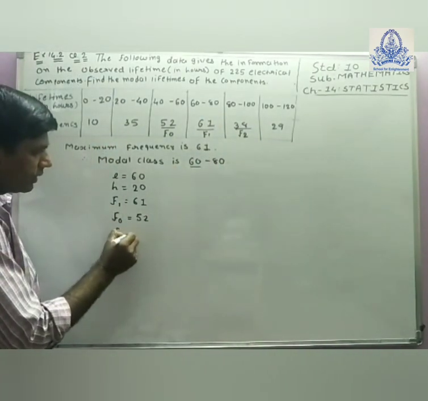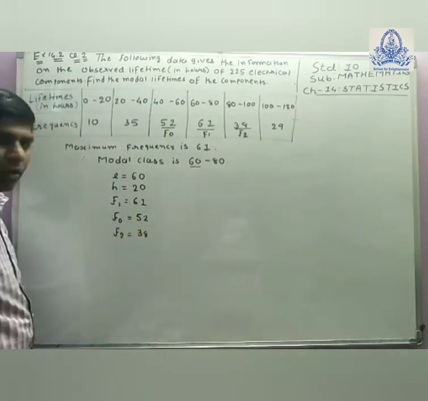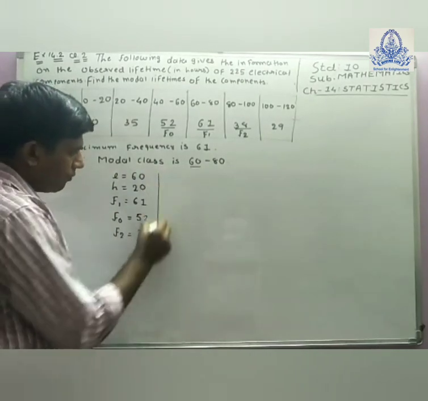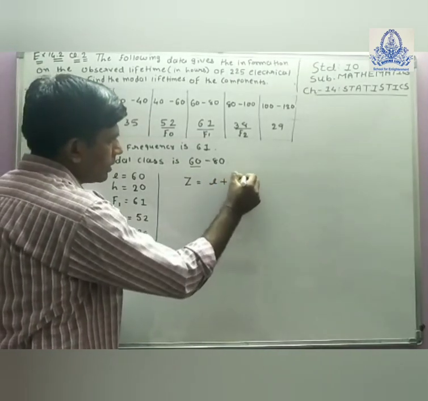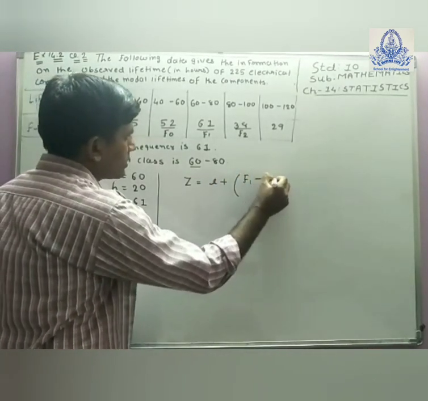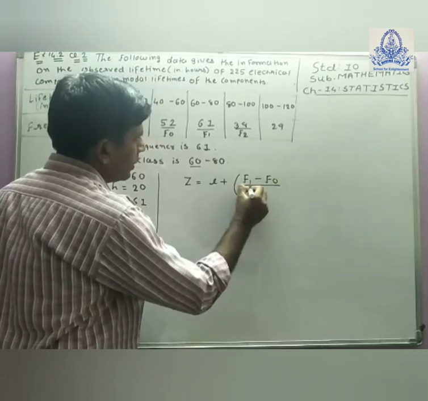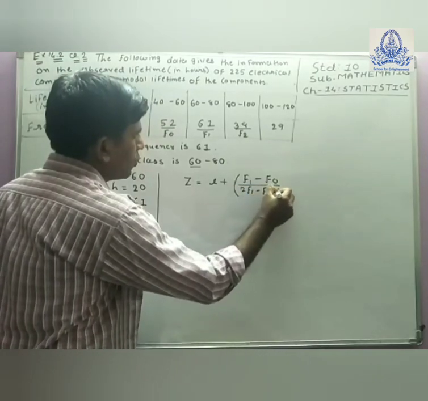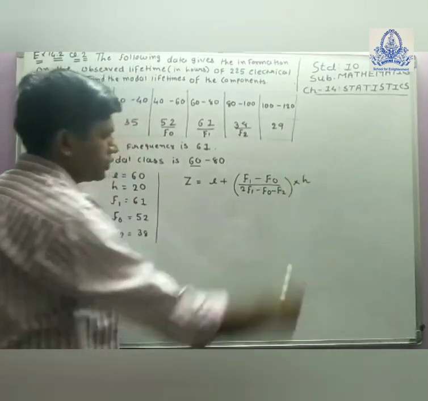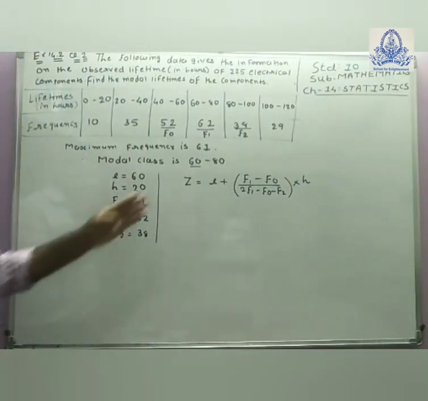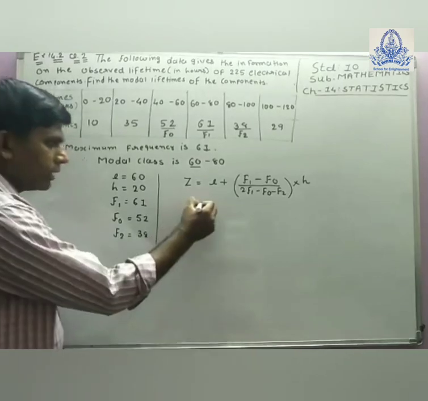So F2 is 38. Now put in the formula. What is the formula of mode? Z = L + ((F1 - F0) / (2F1 - F0 - F2)) × H. Now put all these values into this formula and do the calculation.